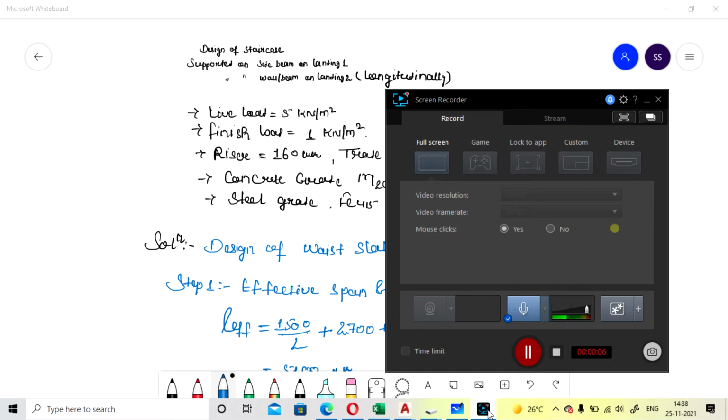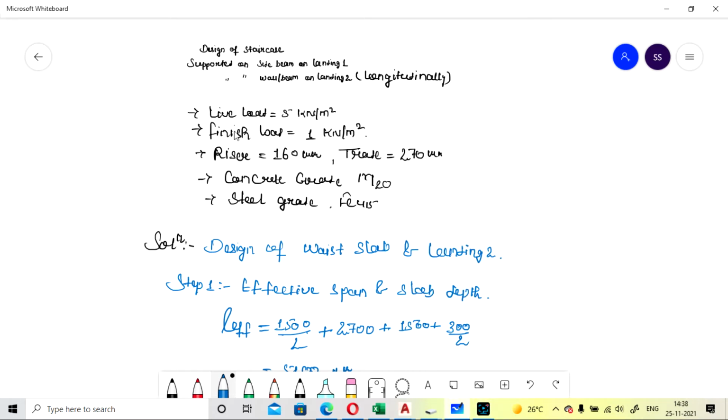So in this lecture we will see how to design a staircase which is supported on the side beams for landing one or floor level, and for the mid landing it is supported on a wall or beam which is parallel to the flight.